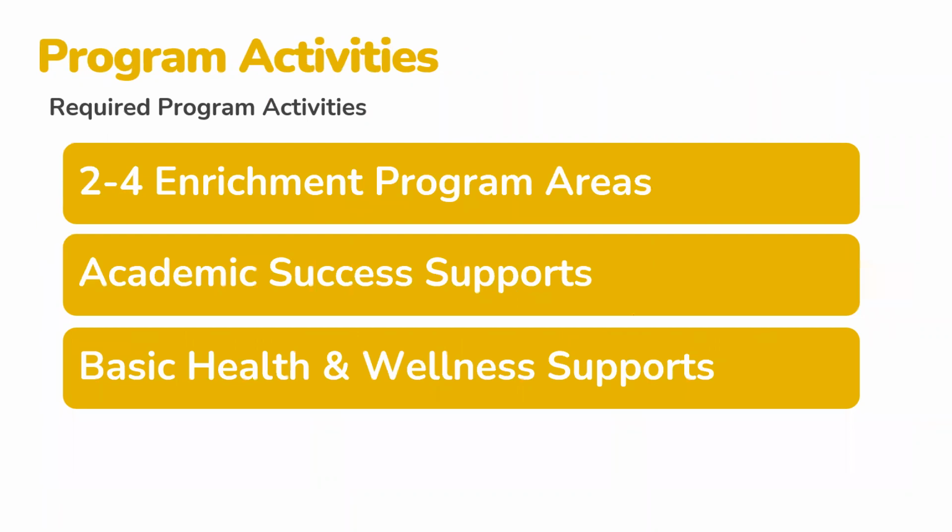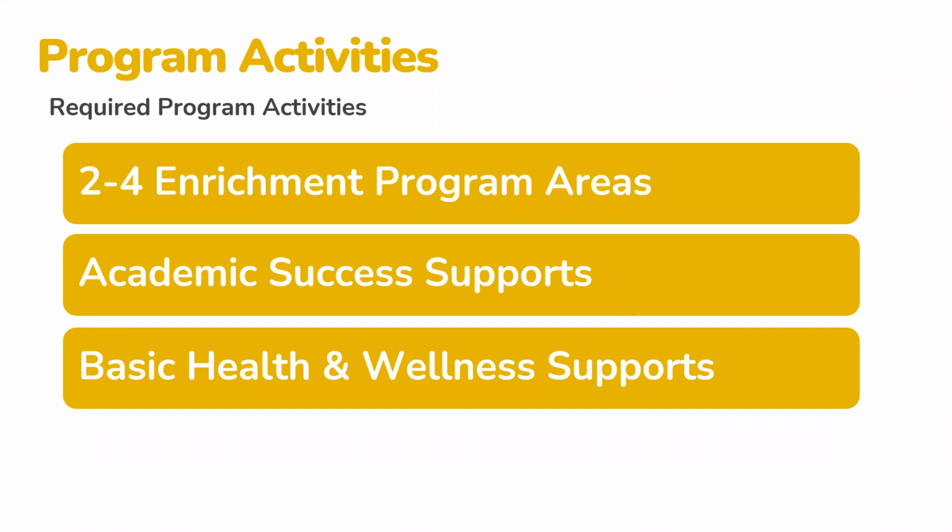Next slide. Okay. So this slide gives just a summary of what those required program activities are. And again, it's important to double click into it because we won't get into each requirement by each age group, but each age group does have very specific needs and requirements that are embedded on there. But for all, what we are saying is that 2 to 4 enrichment program areas that each participant should have an experience around.